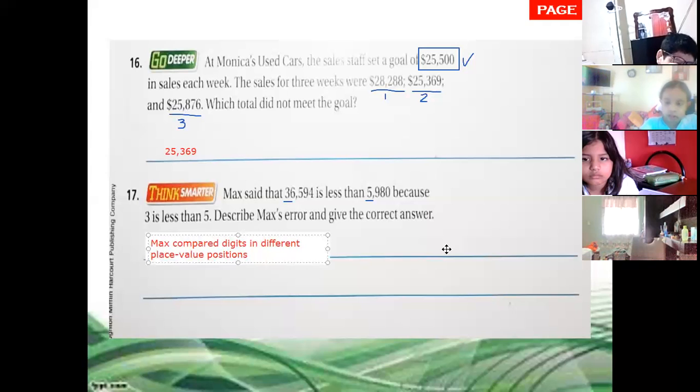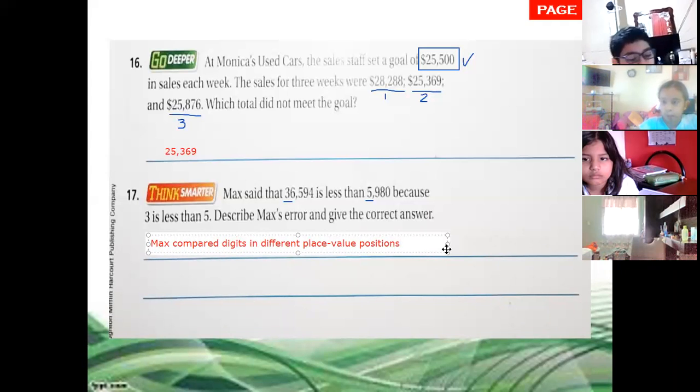The number 5, yes, is 1,000. And the number 3 is 10,000. That's a mistake. The first amount is not less than the second one. It is not correct. So what is the error? It says describe Max's error and give the correct answer. Place value position.